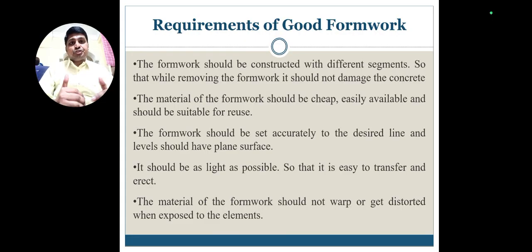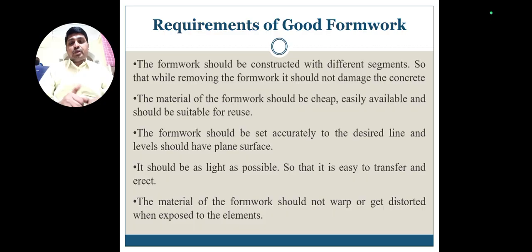The formwork should be constructed in different segments, so that the erection and removal of the formwork will be easy. The material of the formwork should be cheap, easily available, and suitable for reuse. The formwork should be set accurately to the desired lines and levels and should have a plain surface.